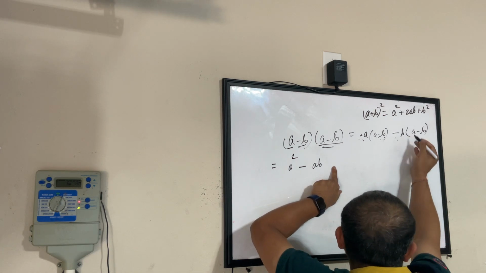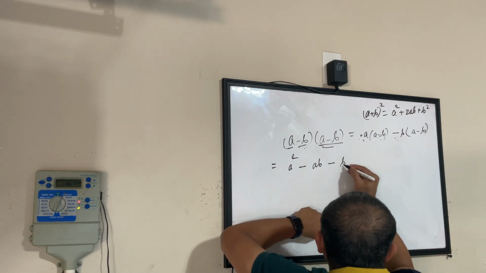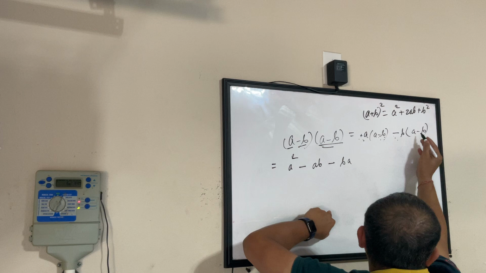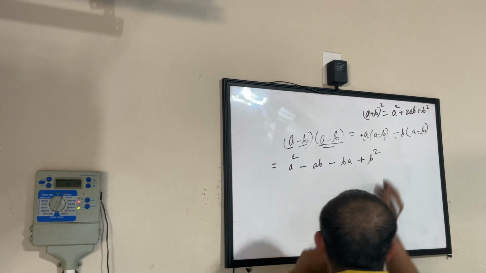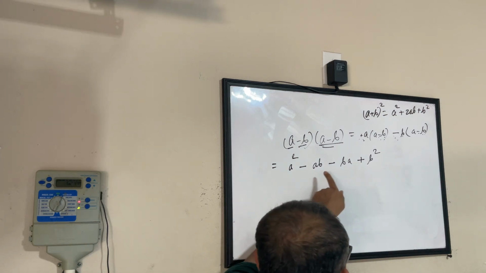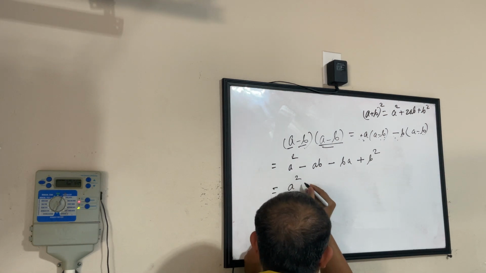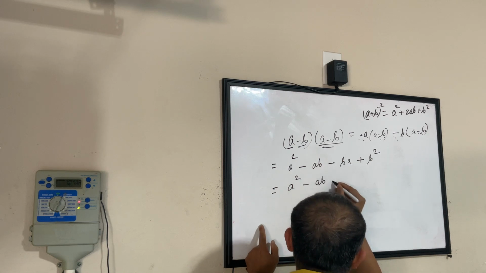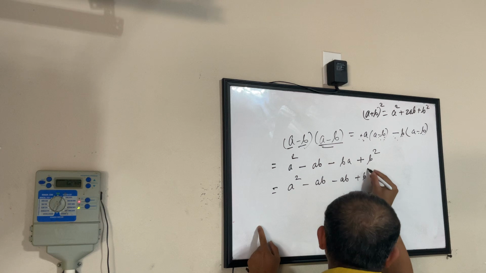So plus into minus gives you a minus again. BA. And then minus into minus gives you a plus. B into B becomes B square. Same thing. A into B or B into A. Same stuff. I will give them one name. So this is AB and this is also AB. B into A or A into B. Same thing. Plus B square.